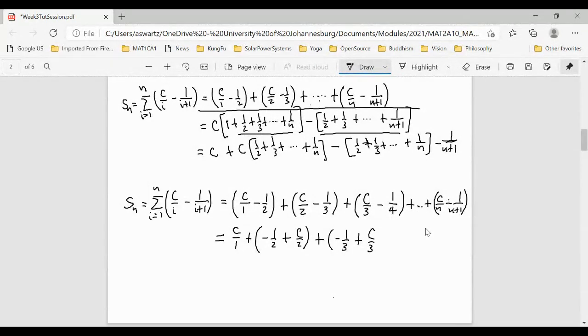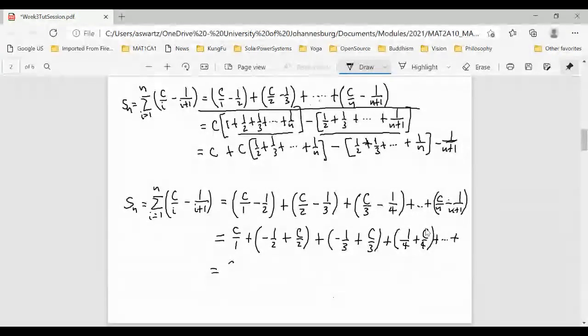So what I'm going to try and do now is to move them. These two terms are similar because they've got the same denominator. And this is what I'm doing all the way through. Plus, there's going to be minus a quarter plus c divided by 4 plus, and so on. Right?